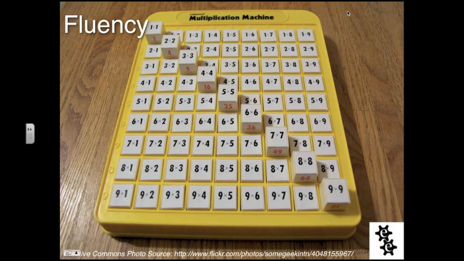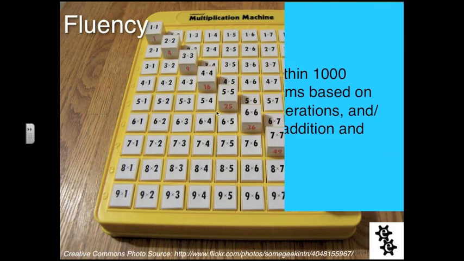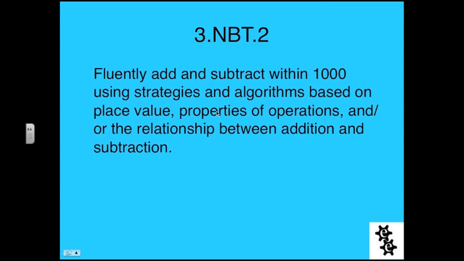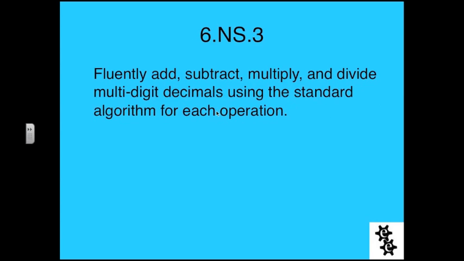And so built into the standards, there is specific language that addresses what students should be able to do and how fluent they should be at what grades. For example, here's a third grade standard and also a sixth grade standard that both deal with fluency expectations.